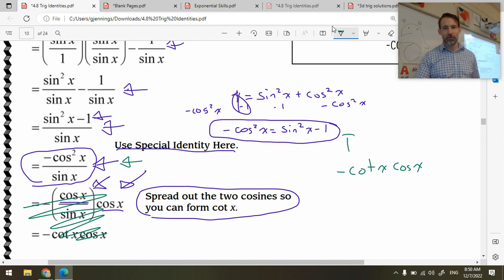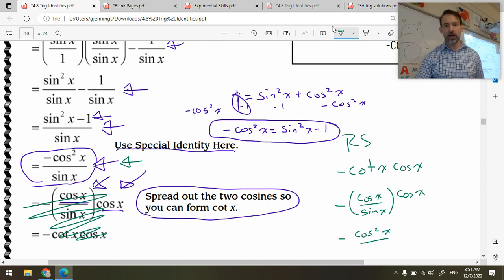Here I say right side. And then I express cotangent of x as cosine x over sine x, with the negative, multiplied by cosine of x. Multiply your cosines and it gives you negative cosine squared x divided by sine x. And we've already shown that the left side equals that right there.